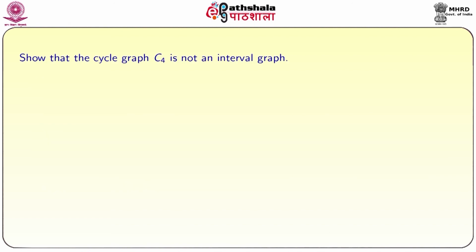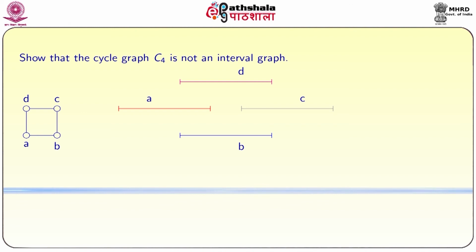Now we will show that the cyclic graph C4 is not an interval graph. So the cyclic graph we will denote as ABCD, C4. Now we consider A, B, C, D as intervals. Why we put there is an intersection between the vertices A and B?